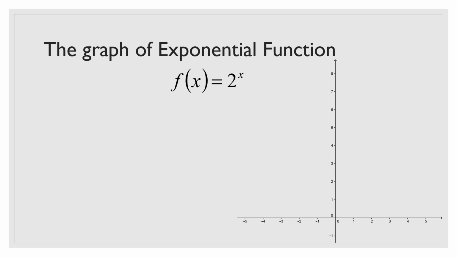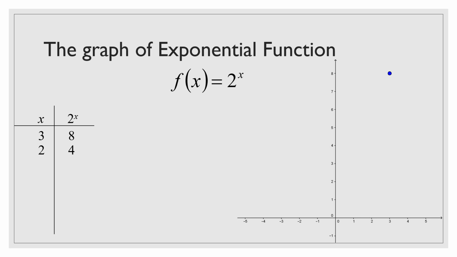Let's say our x is 3. If x is equal to 3, then y is equal to 8, because we have 2 times 2 times 2. If we plot that, we have (3, 8). That's the point.